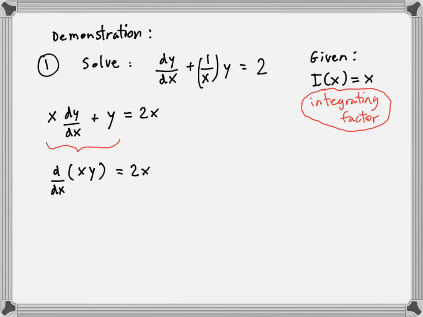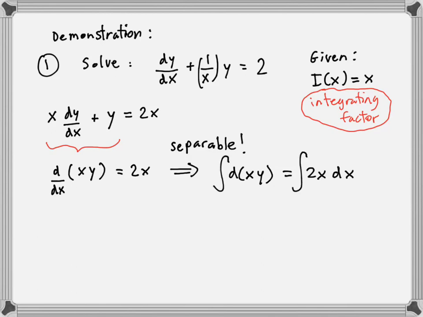Now what? Now the trick, once we write it like this, this means that this is actually separable. In fact, we have this. Now, it's not what we would normally see. Normally we have a dy and we have a dx. But the idea is that once you separate, you can just take the integral of both sides.